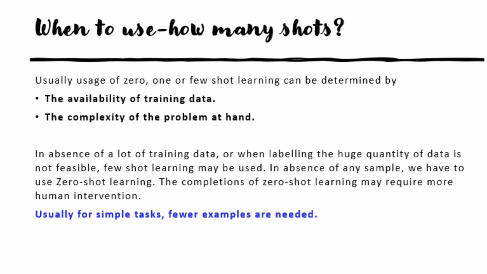So usually zero, one or few shot learning can be determined by the availability of training data, and next, the complexity of the problem. If your task is simple, you can go with fewer examples, no need for many examples. The more complex your task is, the more examples are needed for the AI to understand what you are expecting. This is how you can decide what type of shot you want to give to your AI.